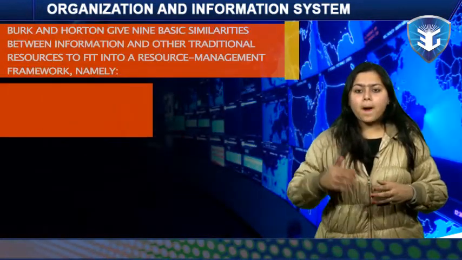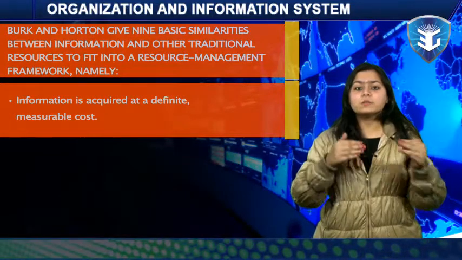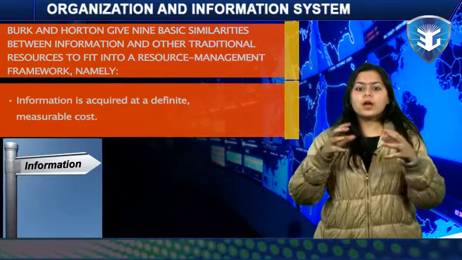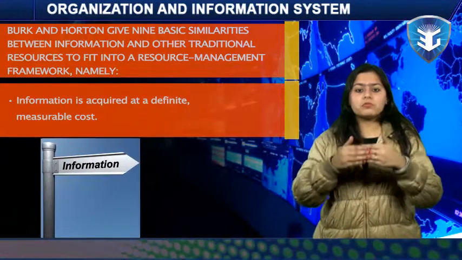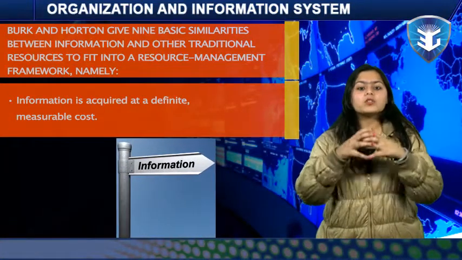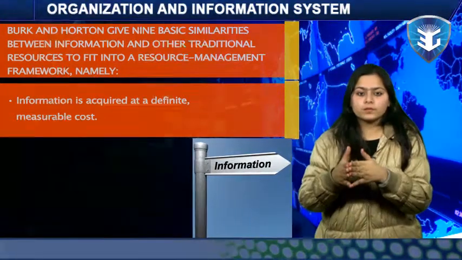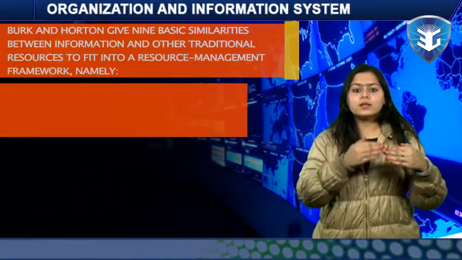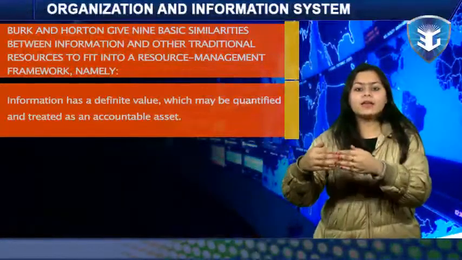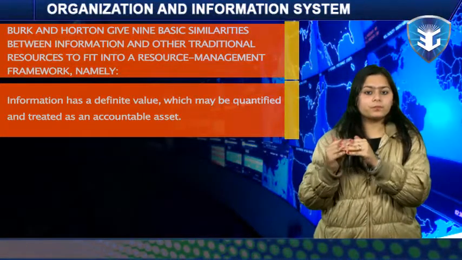To this end, Burke and Houghton give 9 basic similarities between information and other traditional resources to fit into a resource management framework, namely: information is acquired at a definite, measurable cost. Information has a definite value which may be quantified and treated as an accountable asset.